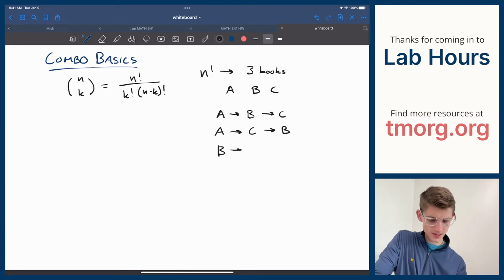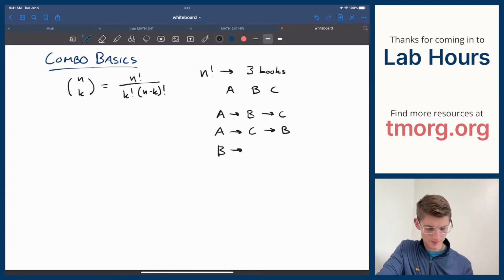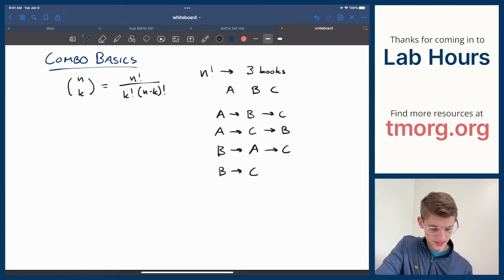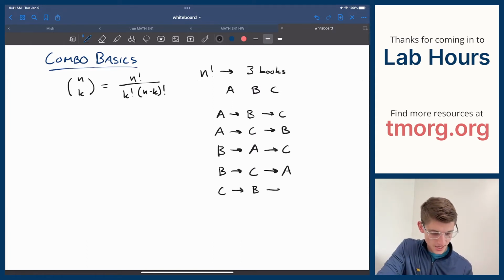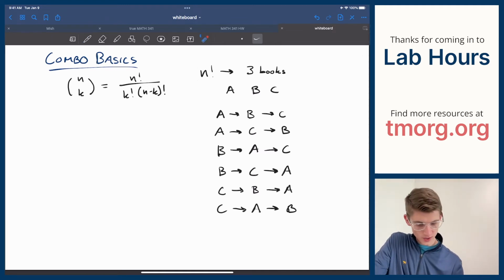If I pick B first, I could go A to C, or I could go B to C to A. And then, of course, if I pick C first, I could go from C to B to A, or I could go C from A to B. Notice, please, for me, will you, that we have 3 different options here.